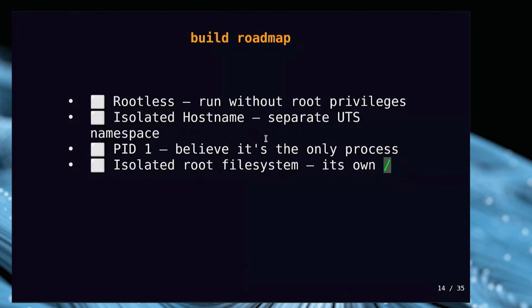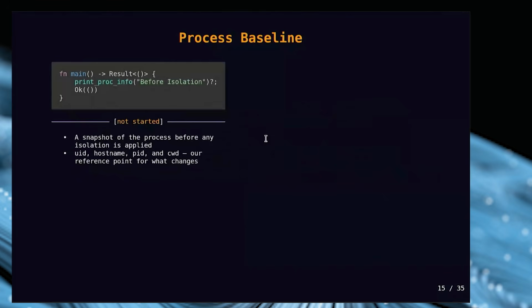Here's our roadmap for today. One, we want a rootless container. Two, we're going to isolate the host name. Three, we're going to get PID 1. So it's going to think it is the machine. It's going to think it's the first PID in the entire thing. Then we're going to isolate the root file system and think it's actually at root.